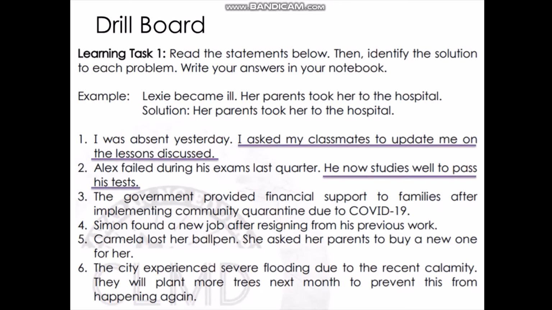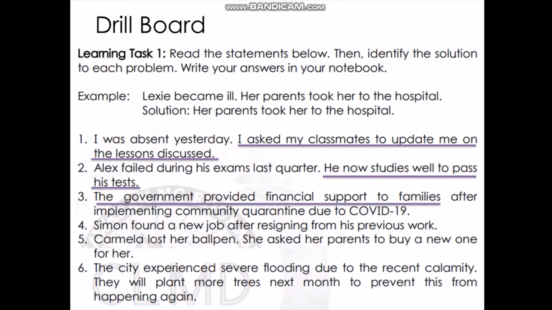Number 3. The government provided financial support to families after implementing community quarantine due to COVID-19. What is the solution? Time's up, boards up.